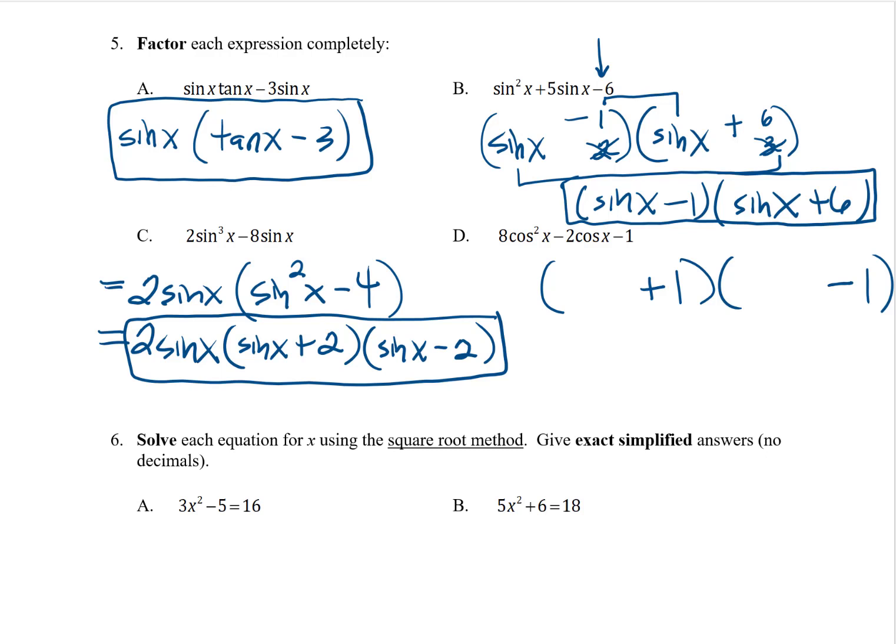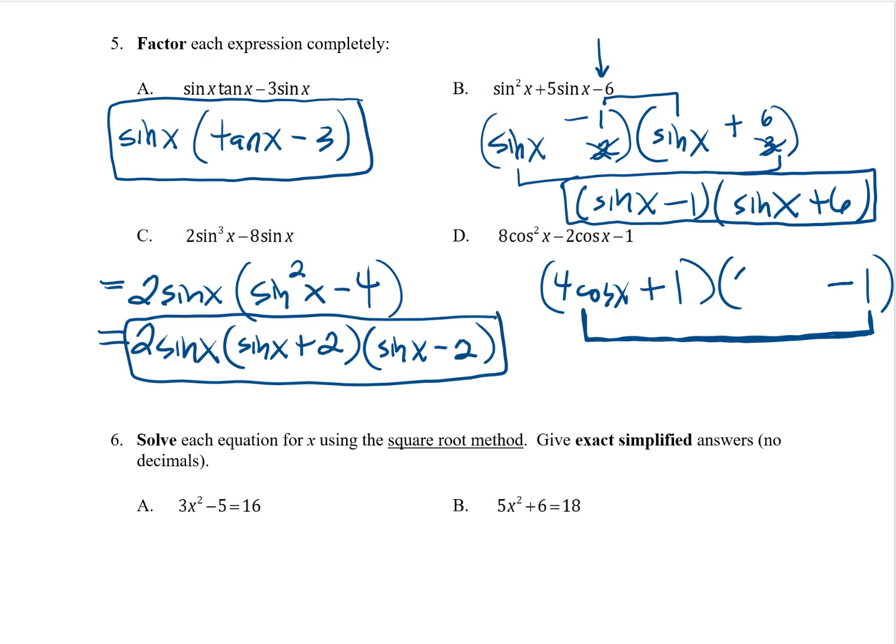Well, I don't see how I'm going to do that with an 8 and a 1. There's just no way. It's got to come out to be the 4 cosine x and the 2 cosine x. I just have to think about which one to put where. I want the middle one to come out to be negative, so I'm going to have to put the 4 cosine x here, because then the outer multiplication would be negative 4 cosine x.